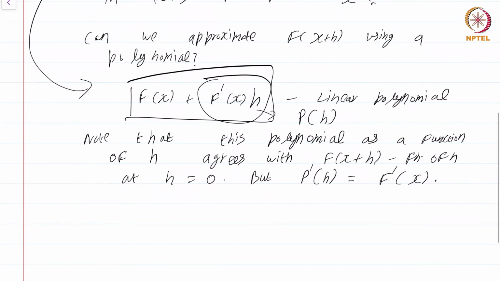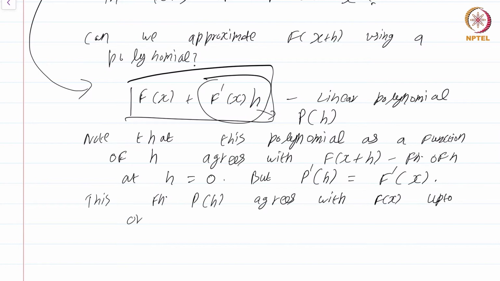So this function p of h agrees with f of x plus h up to order 1 at h equal to 0. Okay.